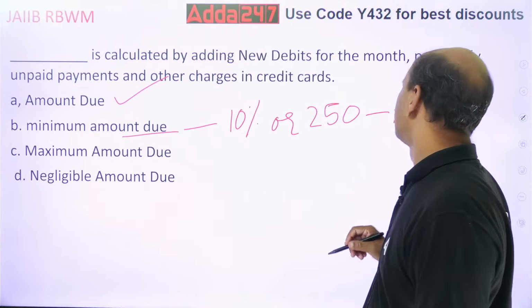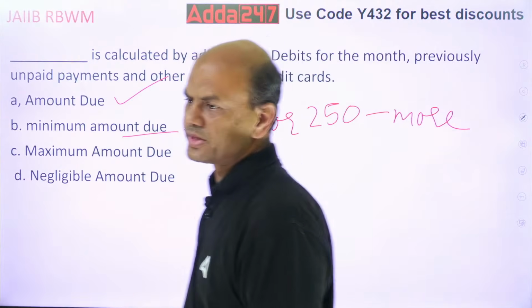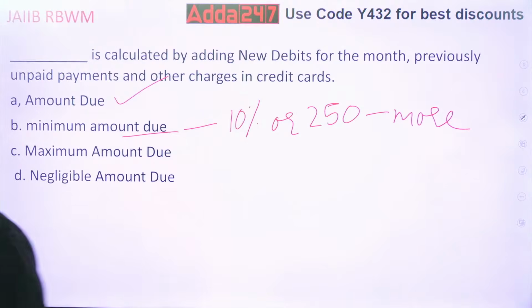Kindly note, amount due is this month's debit plus previous month's debit plus other charges. Minimum amount due is different.